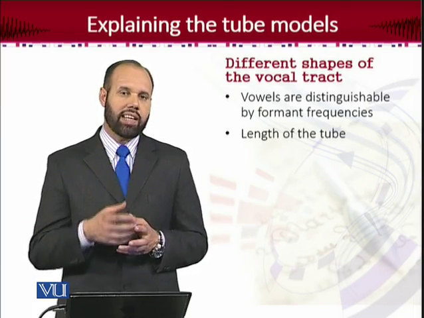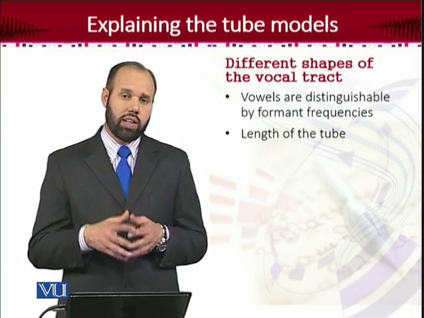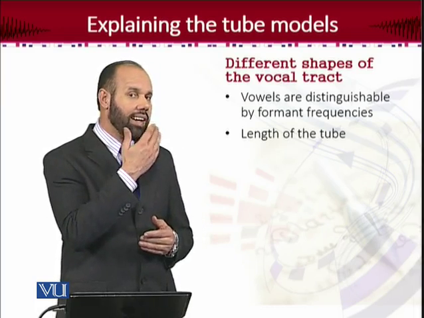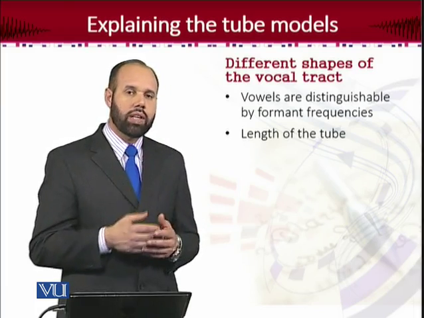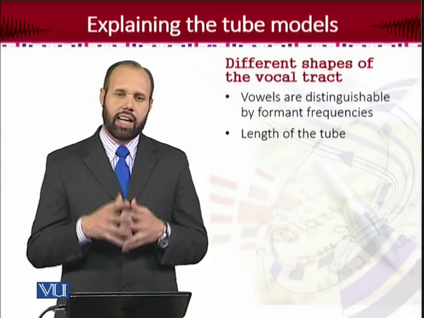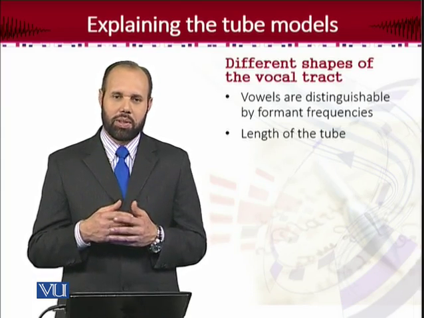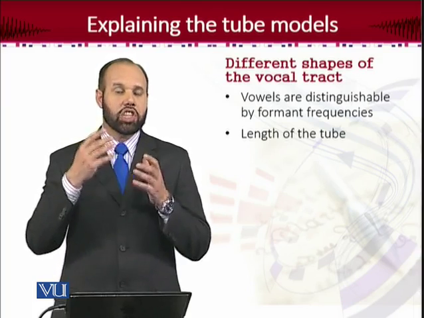One general example I can give you is that when a rounded vowel is produced, like oo, just imagine how the length is increased. If you compare this with a vowel which is unrounded, there is a clear-cut difference: the vowel with rounded lips gives us a different shape of the tube.